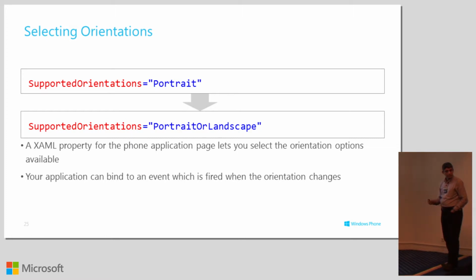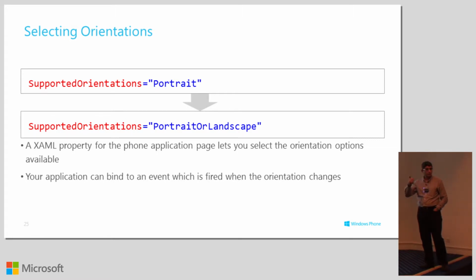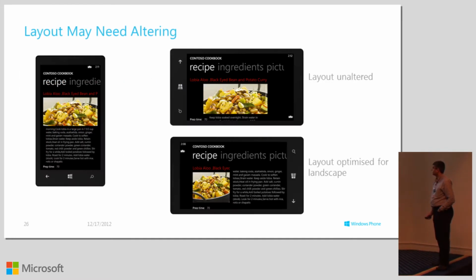So whenever the orientation changes, an event is going to be fired, and then you have to, in your code, change the orientation of your UI to cater to that orientation change. So if you see here, we have the portrait, we have unaltered portrait, and layout optimized for landscape.